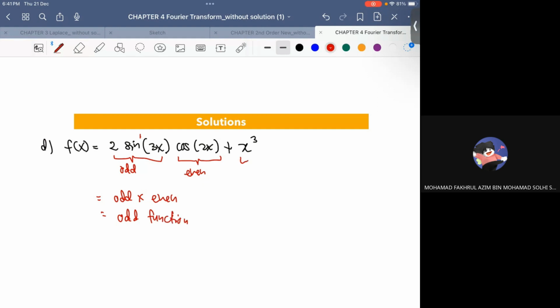And x cubed here, x cubed is an odd function. Sorry, this one is plus, right? Odd function plus odd function, so you get an odd function.